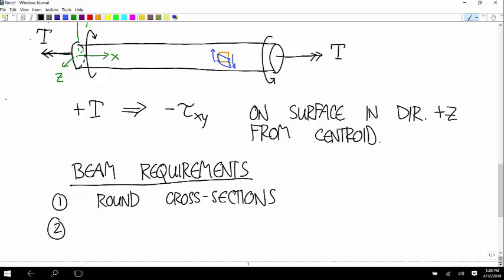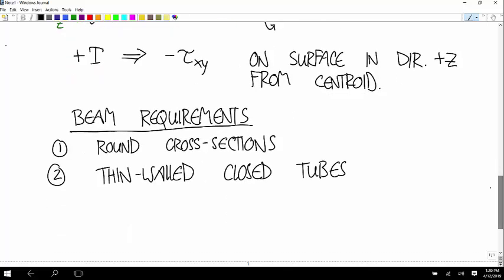And second, we can do it for thin-walled, closed tubes. And these can be any shape. This is all of a sudden a pretty amazing flexibility that we're going to have.